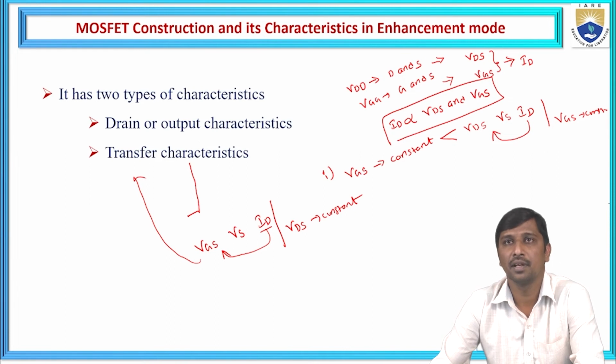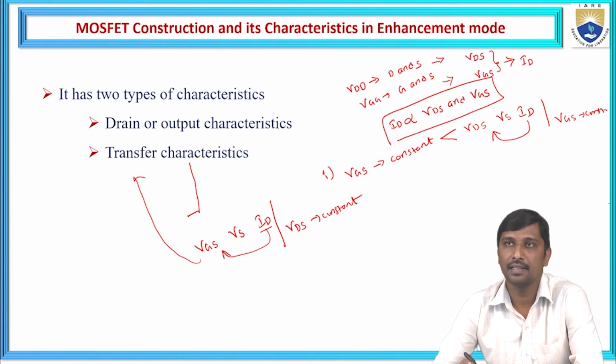From this, we can say why it is called a field effect transistor: the drain current depends upon the applied electric field between drain and source as well as gate and source. Hence, the FET is also called a voltage controlled device. The drain current is controlled by the amount of applied electric field between drain and source as well as the gate to source voltage.